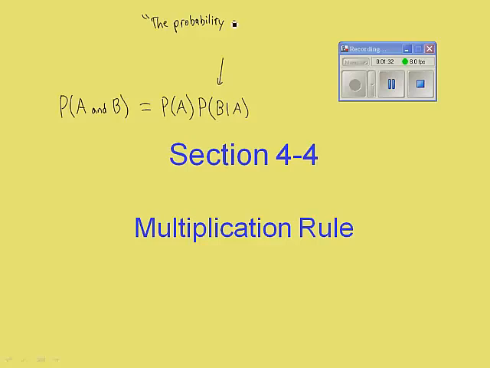And it says the probability of B given A. Given. Meaning, we know event A happened. We know event A happened. Okay?